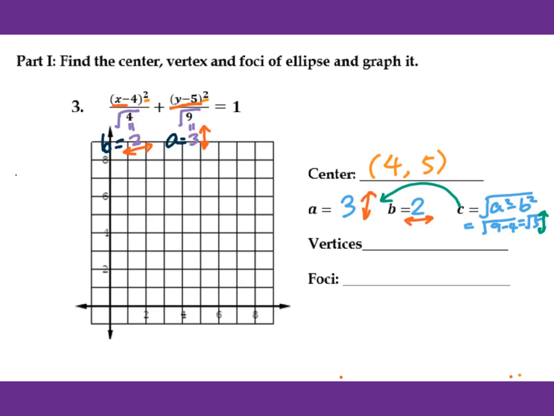You will get center (4, 5). Then we go up 3 and down 3 from the center, to the right 2 and left 2. So we sketch the graph like this.